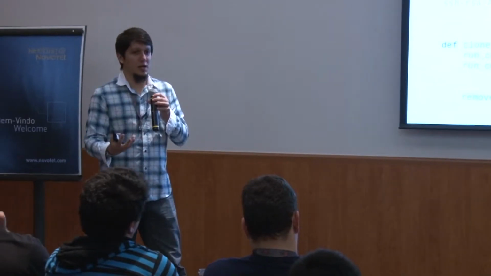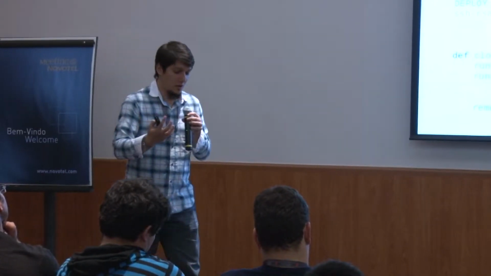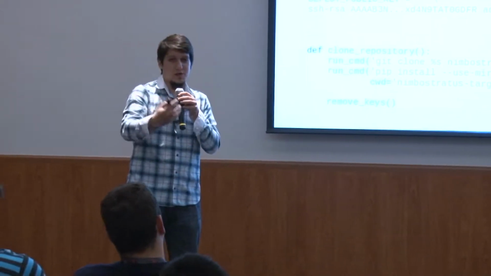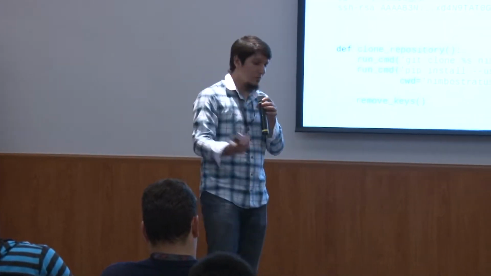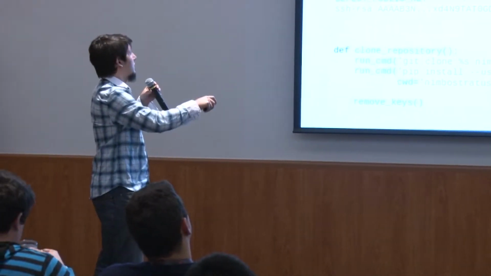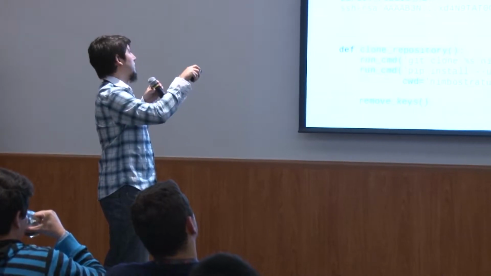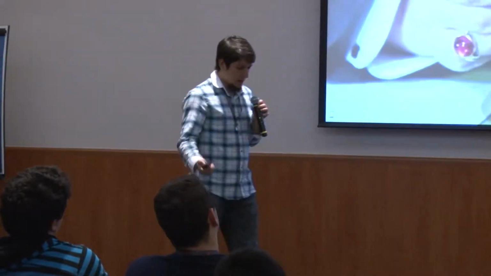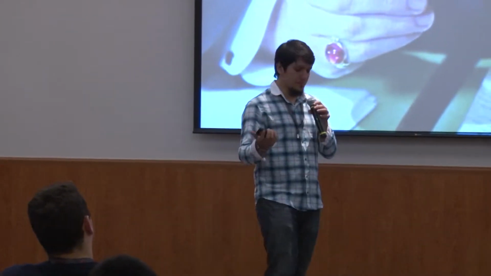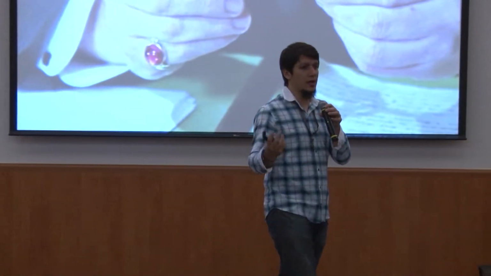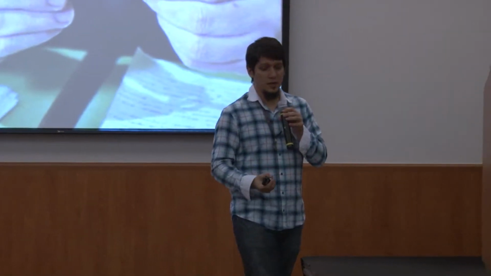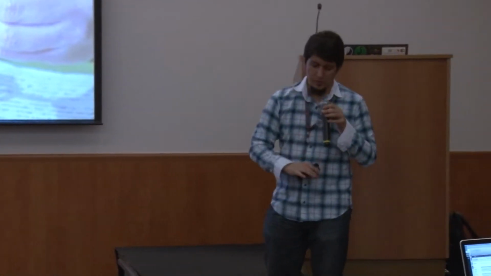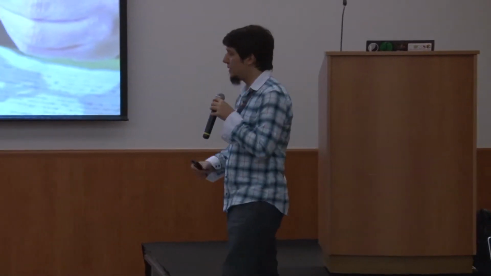You need those keys, and usually those keys, if that server hasn't been configured yet, need to be somewhere, and that somewhere is the user data. In this case, it was in the user data. So I had the repository, I had the deploy private key, and the deploy public key. I had everything, all right? I had unrestricted access to the source code repository. I was able to download all the source code into my laptop, analyze it, and continue from there.